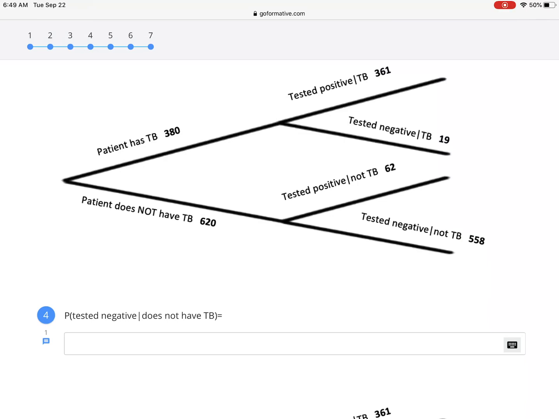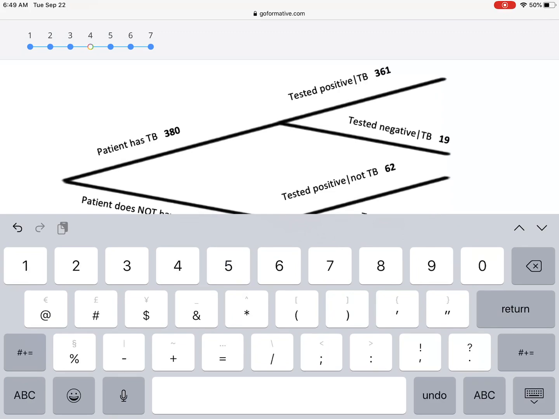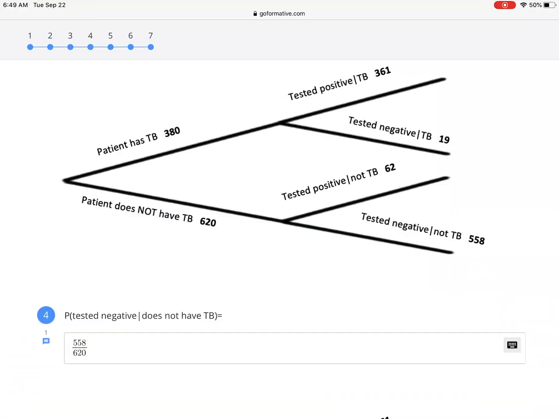And then the numerator is tested negative. So out of those 620, so I follow that bottom part of the tree, how many tested negative? That's 558. So tested negative is 558, and my denominator is 620. So 558 out of 620. And that is the answer for that one.